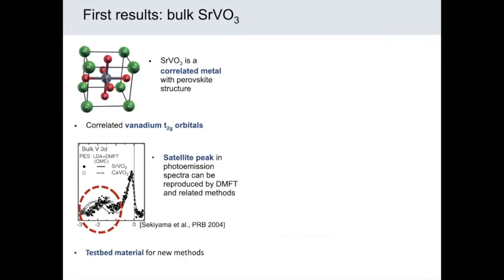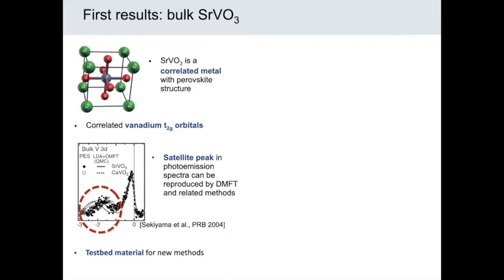Yeah, and then I still have a little time, I think, to present a few first results obtained with this AbinitioDΓA method. The first one needs to be seen more like a benchmark, a test bed material for this method that I used when I implemented the program.